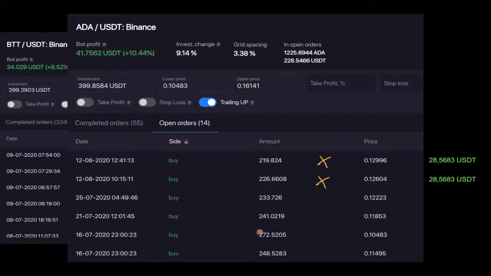So the amount is different. At that price it will buy this amount of coins, and at that price the investment is going to be different. So the total investment is the same for each level. The parity in this case is achieved in the total investment allocation.